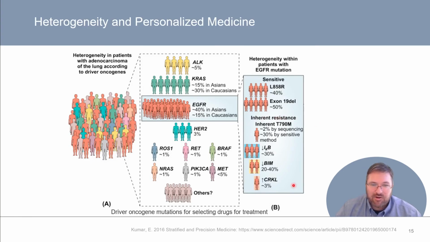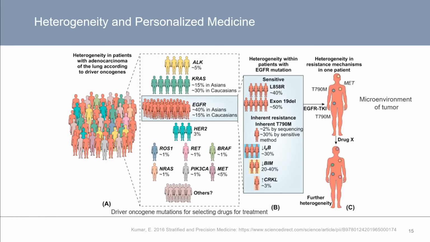We can see here some other heterogeneous predictors of inherent resistance to the treatment, leading to shorter survival outcomes. And beyond the patient group as a whole, there's further heterogeneity in individual patients treated using targeted therapy that results from the selection pressure and microenvironment of the tumor. So in this case, treatment can actually exacerbate the heterogeneity of tumors in the patient.